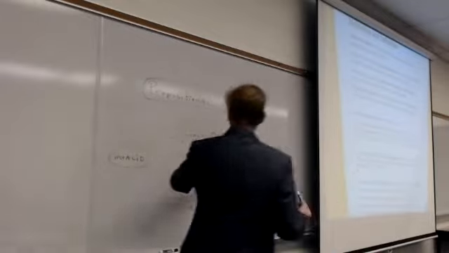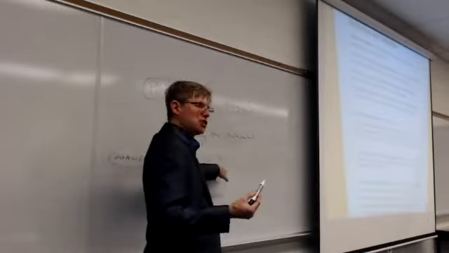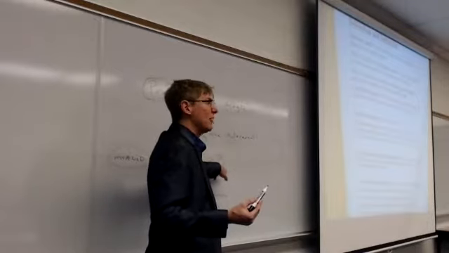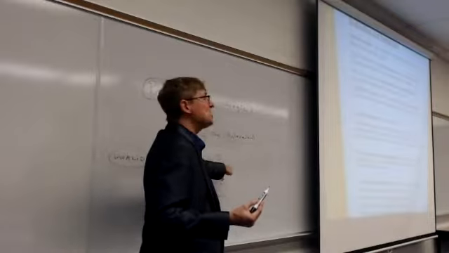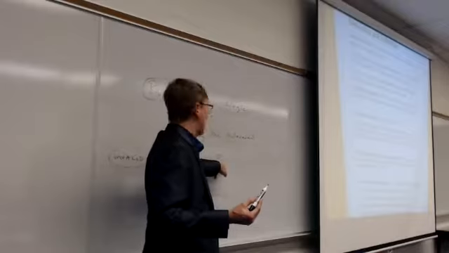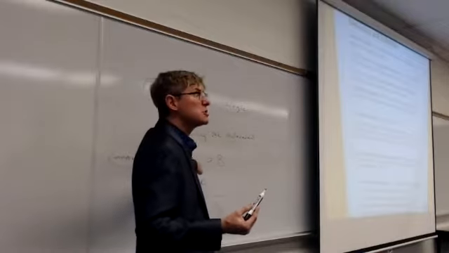Now you'll notice that this being the case is a sufficient condition for this being the case, but it's not a necessary condition. Now this necessarily following, or I said this being the case, is necessary to this.